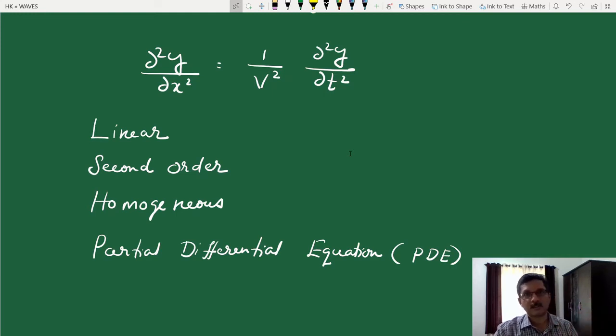Now I hope you understand why the different attributes are there. Before moving on with this wave equation and other points in this unit, let us pause here and consider a few more examples that we have already studied in differential equations, and see whether these four properties, linear, second order, homogeneous, and partial differential equations, are satisfied by, or how these properties are attributed to, the other differential equations that we have studied.